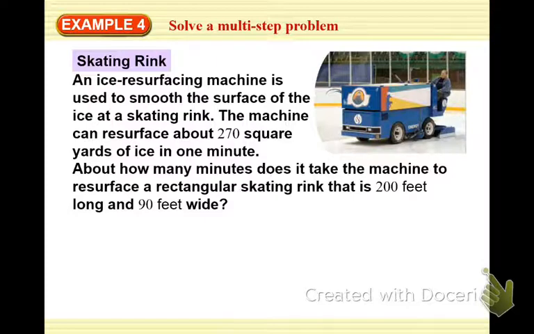Before we can figure out the time, what do we have to find? What do you call that surface of the rink that this machine is going to go back and forth and smooth the ice up? What is it going over? Yes, it's going over the area of the rink. So that's our first step, to find the area.